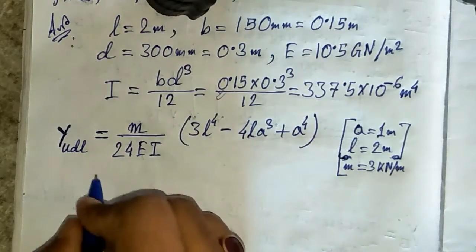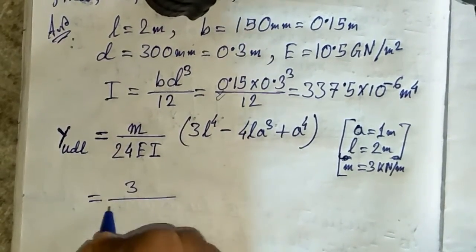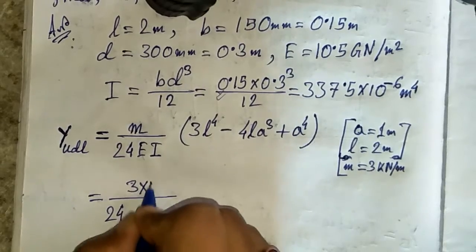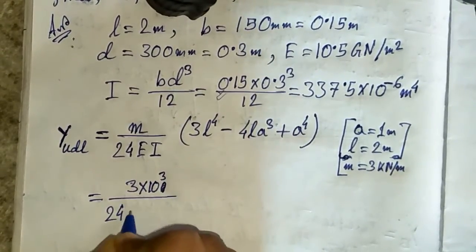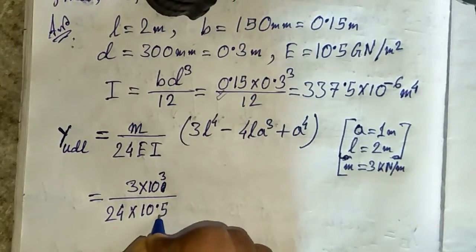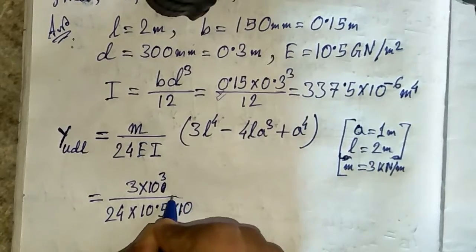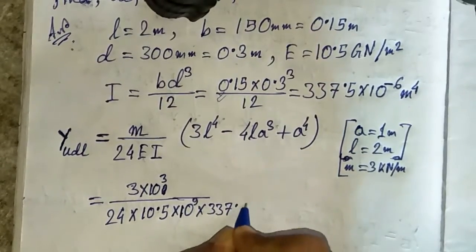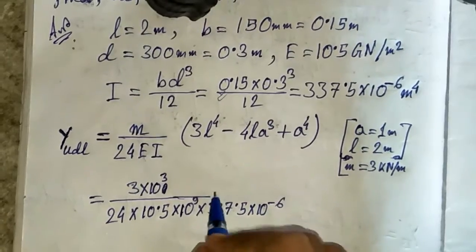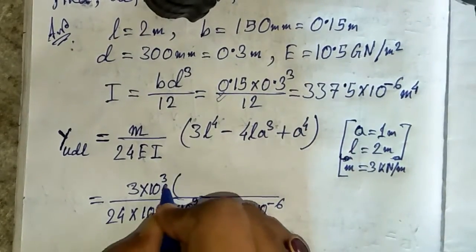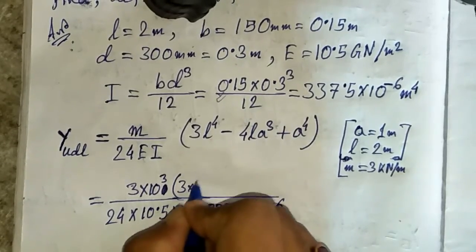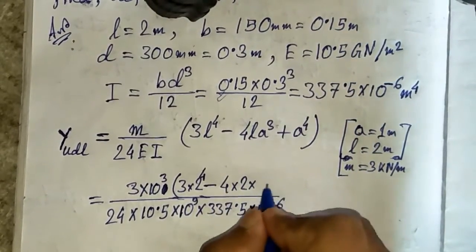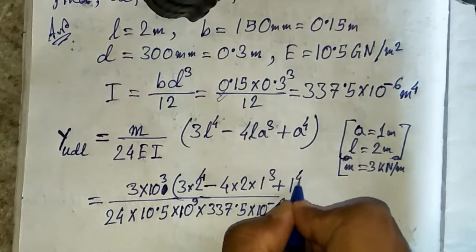E and I values we already know. So we get 3 by 24 into, let's convert it into Newton, 3 into 10 to the power 3, E value is 10.5 into 10 to the power 9, because that is giganewton per meter square, I value is 337.5 into 10 to the power minus 6 into 3 into L to the power 4, that means 2 to the power 4 minus 4 into 2 into 1 cube plus 1 to the power 4.